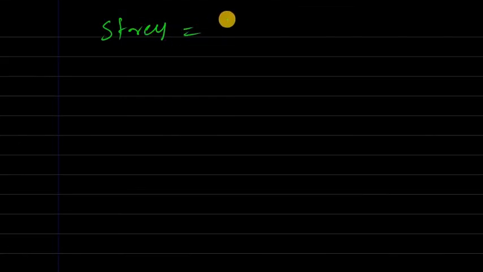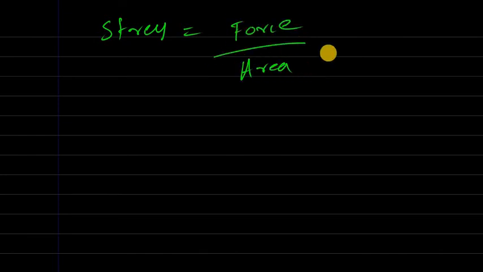So usually stress is the intensity of internal resistance per unit area, that is force by area, and its unit is Newton per meter square. Then what are the other types of units? Sometimes we will use the unit Newton per millimeter square. While doing engineering problems, we will be mentioning the length values in mm. So it will be better to use the unit Newton per millimeter square.